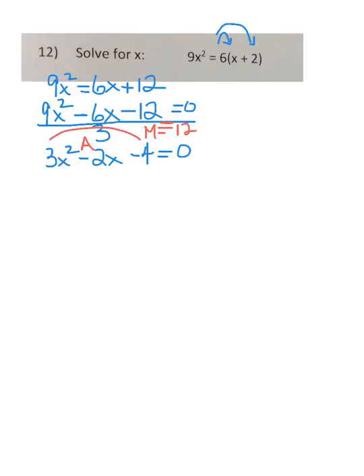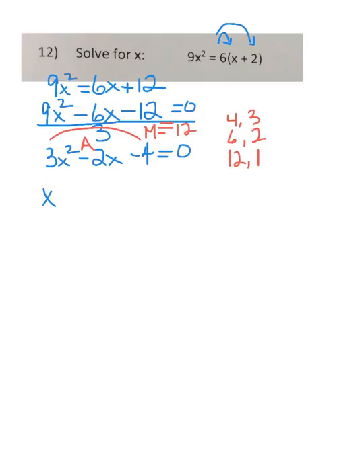Well, the only thing that multiplies to 12 is 4 and 3, 6 and 2, and 12 and 1. But none of those, if you add them or subtract them, is going to give me a negative 2, which means then that this doesn't factor, which means then, if it's a quadratic, we are going to be doing the quadratic formula. All right, so here we go.